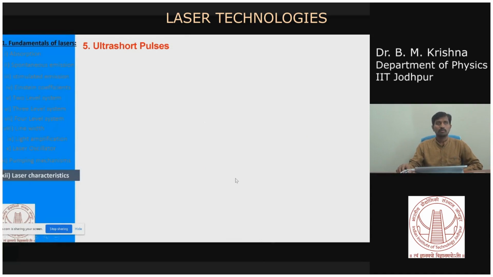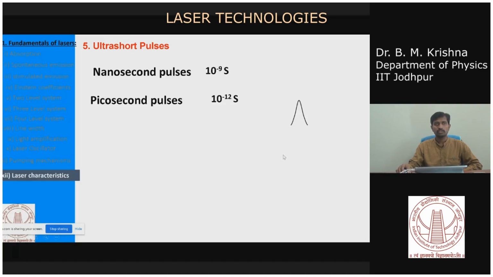Okay, so coming to the other characteristic feature of lasers, you can generate laser pulses very fast. That means you can make ultrashort pulses. For example, if your pulse width is in the nanosecond region, you call them nanosecond pulses. If your pulse width is 10 picoseconds, then you call them picosecond pulses.